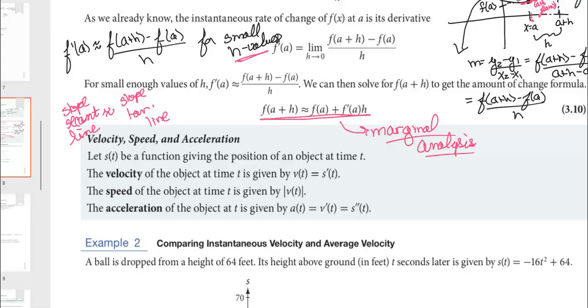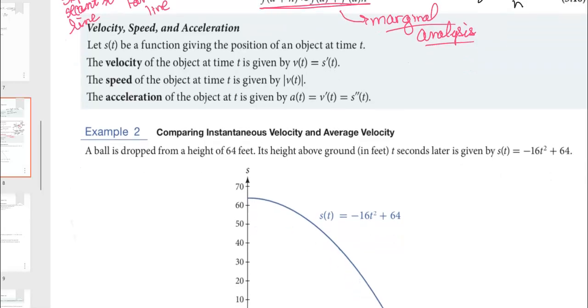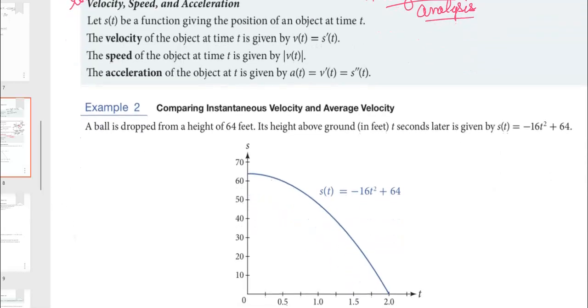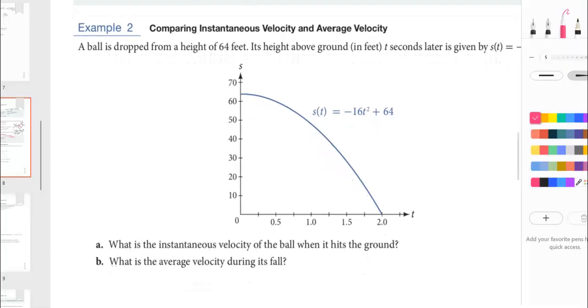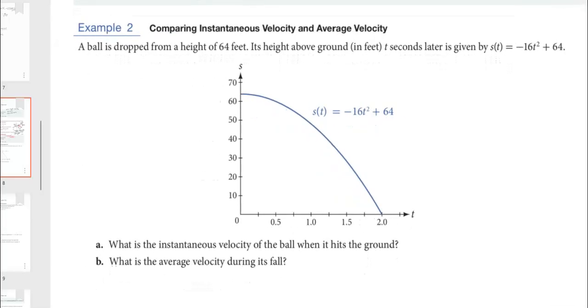Maybe we're producing some kind of game system. Then what would be the cost of producing one more game system? And then we can analyze, is it worth producing more, or do we need to stay where we're at, or maybe even do we need to produce less? So that idea is used a lot in business applications. But for now, let's go back to this idea of velocity and let's look at a few problems.